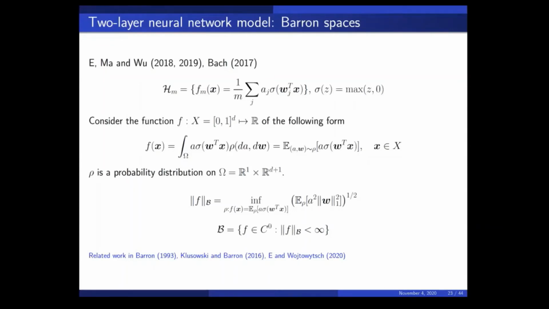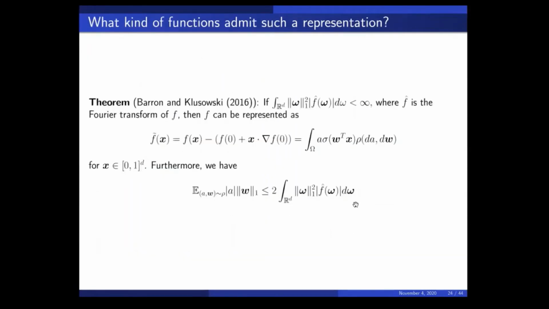It's different from the norm Barron himself defined. It's a bit confusing, but anyway, we're going to define this norm as the Barron norm. For functions whose Barron norm is finite, we call them Barron functions. So why do we define this particular norm? Well, it's because with that norm, we're going to do approximation theory. But first of all, before I go further, let me mention the following result.